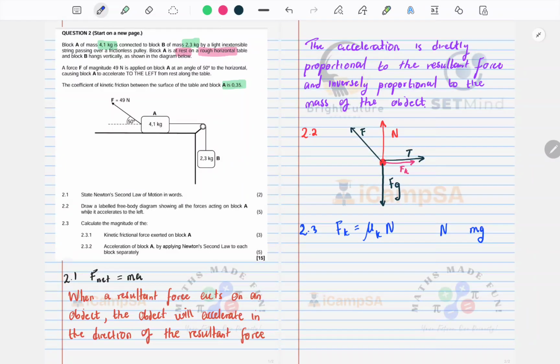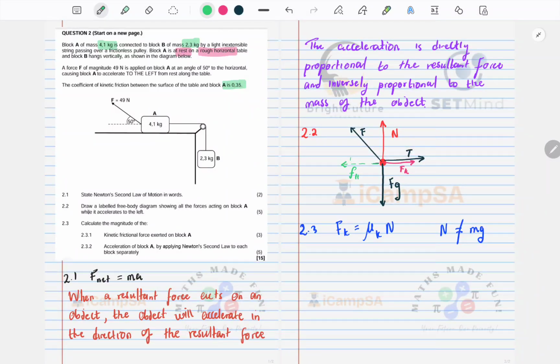But this is a special case, right? It's no longer like this. It's not going to be like this. So why? Because we've got another force here. If you come here, we can end up with, let me draw it like this. I'm going to use dotted lines. Let's use a special color. So this is going to be F parallel.